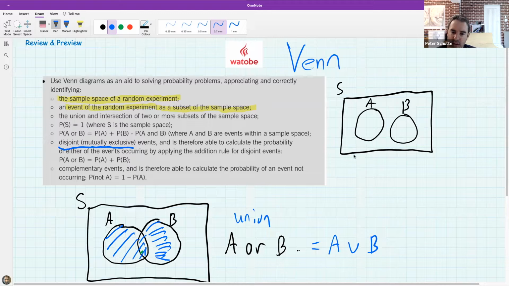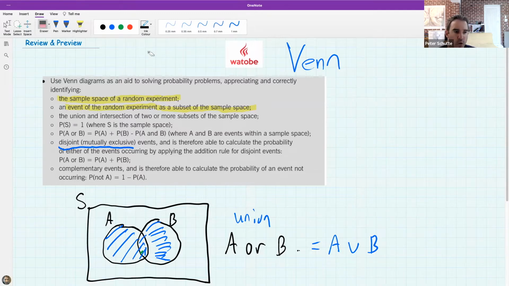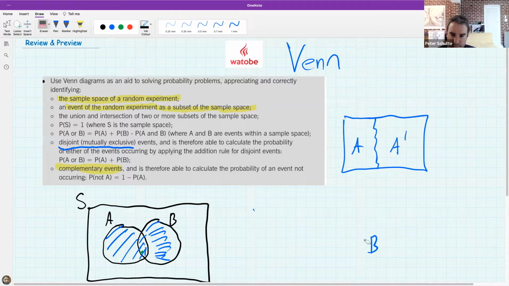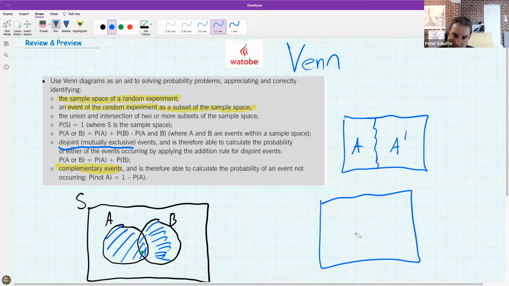And then there is something else called complementary events, and they probably look something like this. Or if I use the circle notation, here's A, and outside it is A dash.